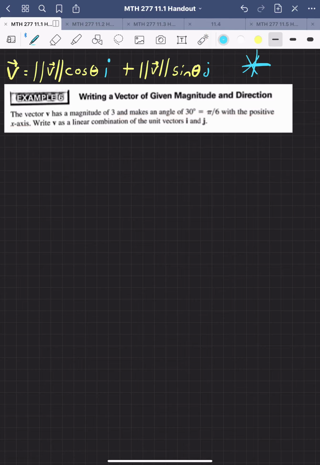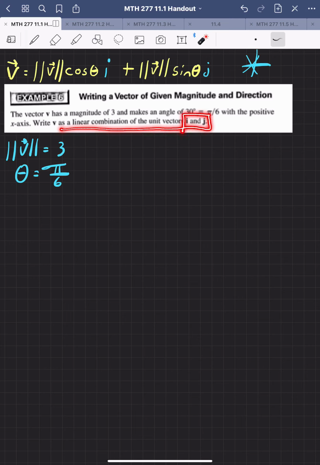Let's take some notes. So the magnitude of v is 3, and theta is 30 degrees, pi over 6. Let's keep reading. We're asked, write v as a linear combination of the unit vectors i and j.